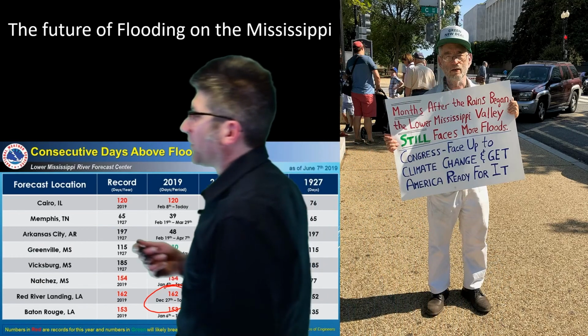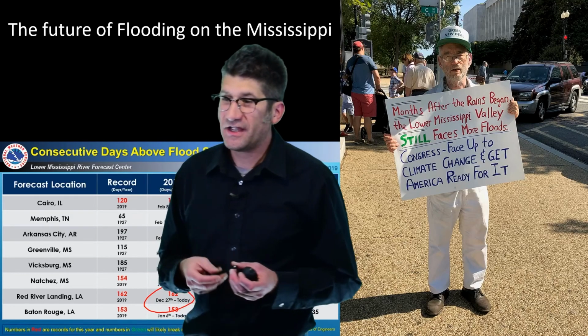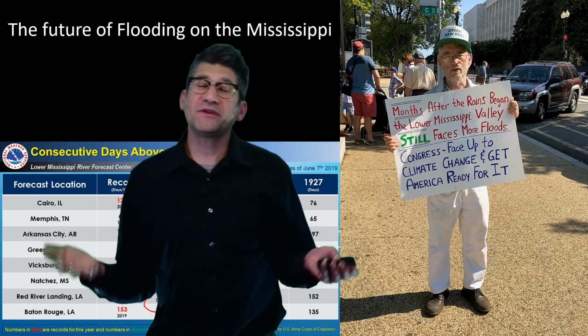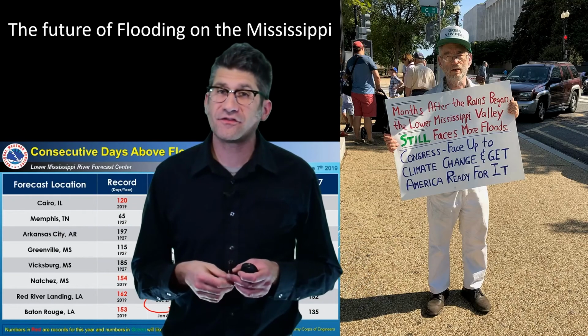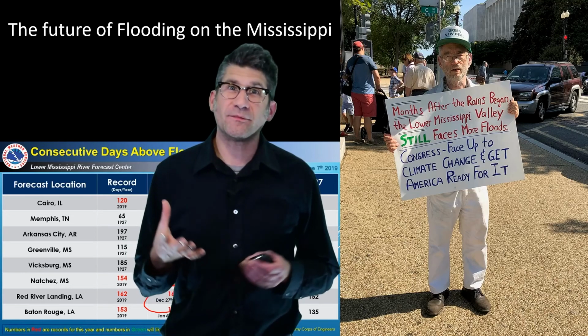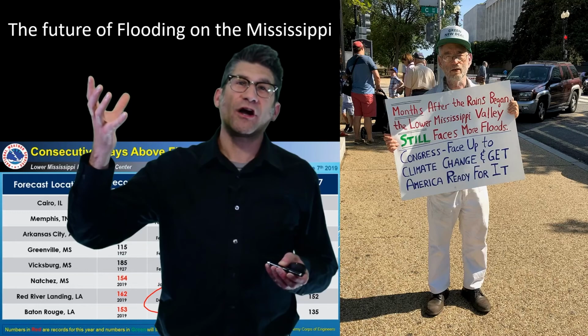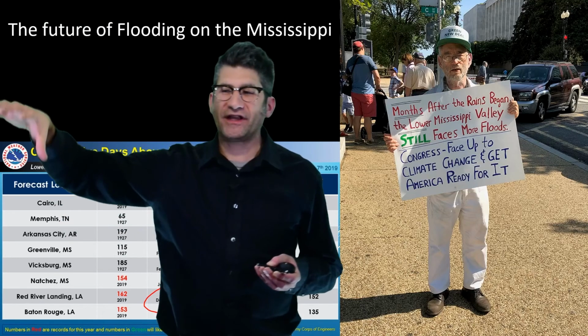So again, we're talking about months and months of time when the river is at flood stage. And so when we think about how climate change is impacting large floods, we need to realize that we might see larger floods more frequently because of climate change. As we warm the atmosphere, we can pack more water into the atmosphere and rain more in the drainage basin.